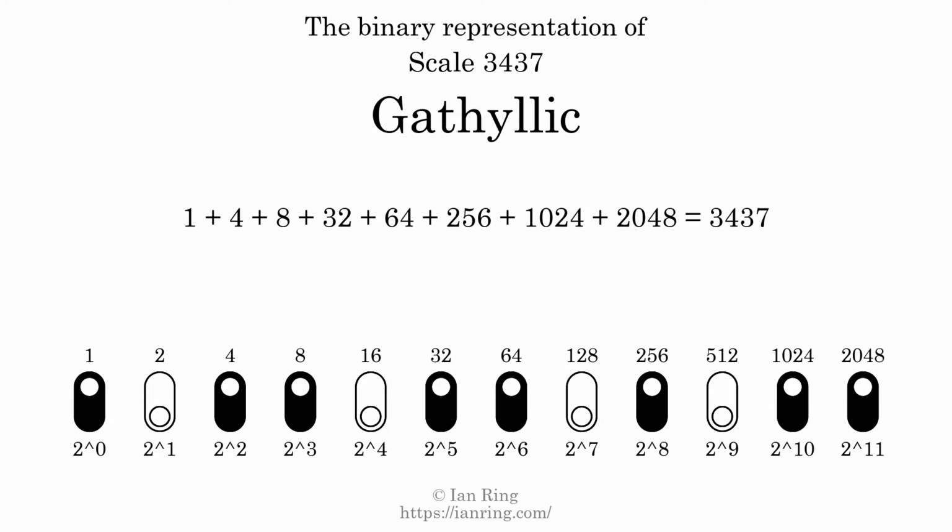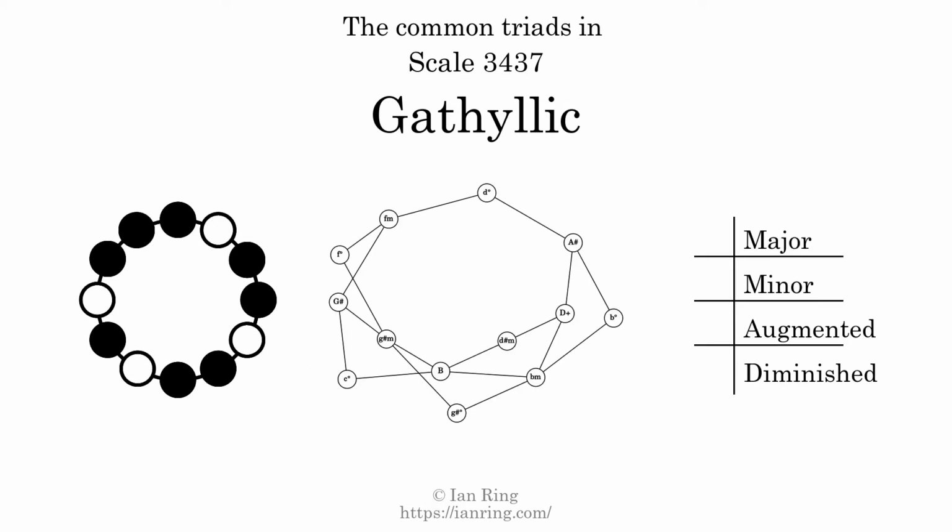That is why the scale number, in decimal, is 3437. The scale number not only enumerates the scale with a unique index, but it also literally describes the tonal content of the scale. Represented as a binary number in base 2, the scale number is 1101011011101.